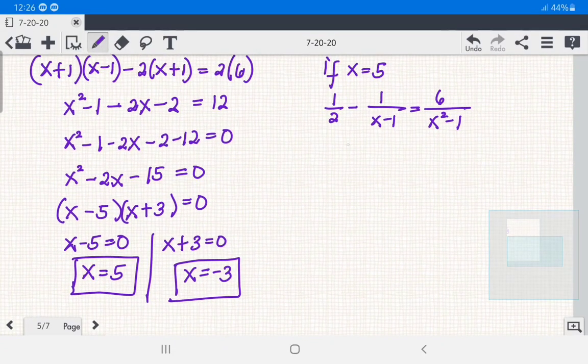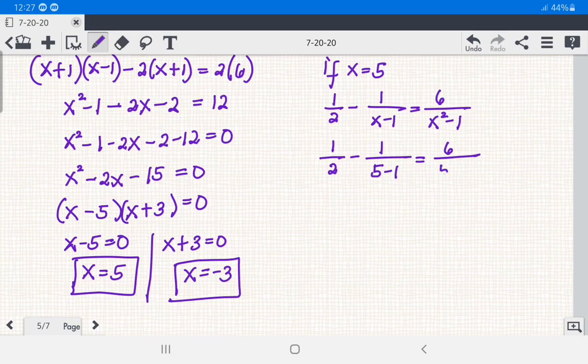So we have 1 over 2 minus 1 over 5 minus 1 equals to 6 over 5 squared minus 1. Then we have 1 half minus 1 over 5 minus 1, we have 4. Then equals to 6 over 5 squared, we have 25 minus 1.